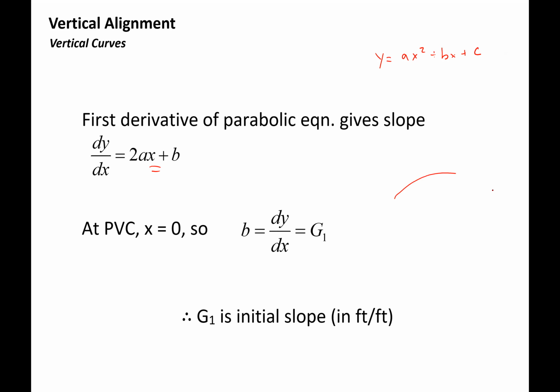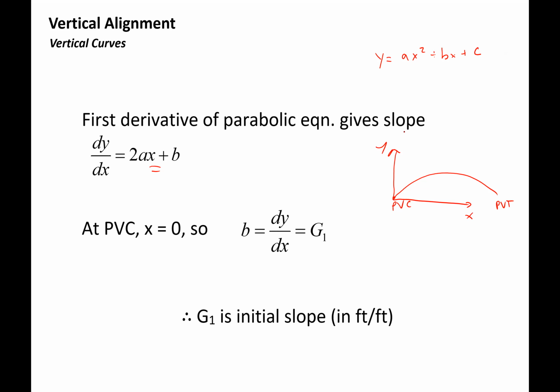So here's my curve, here's my PVC, here's my PVT. I'm going to very crudely draw a y and an x scale on here, assuming this is our origin. So here's my x-axis and here's my y-axis.